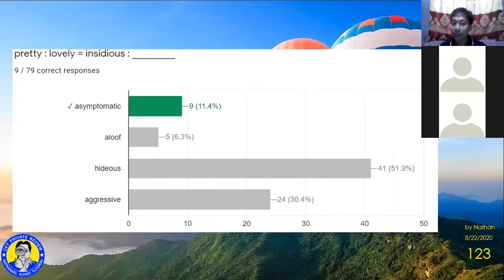So basically what it means is asymptomatic. So if I say you have an insidious disease, it means that you may appear healthy and up and running, but you do not know that you're carrying a disease. So it's asymptomatic. And that is the answer to this one.